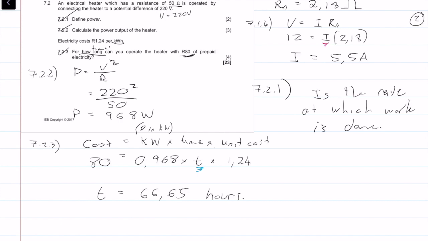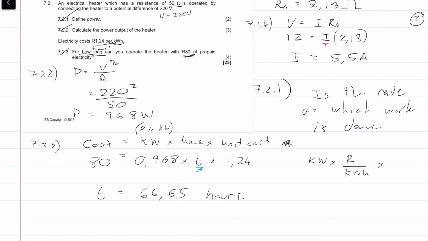If we want to know how I got to this equation right here, it's because I did a dimensional analysis. Dimensional analysis just means that I'm looking at the units. The units for power were kilowatts, times the cost, which is rands per kilowatt hour, times the time, which in this case is in hours.